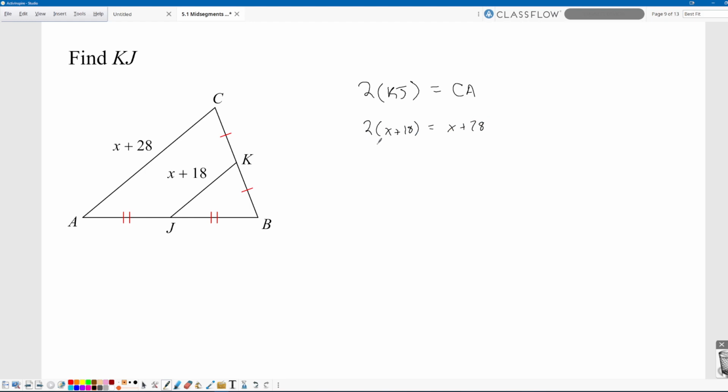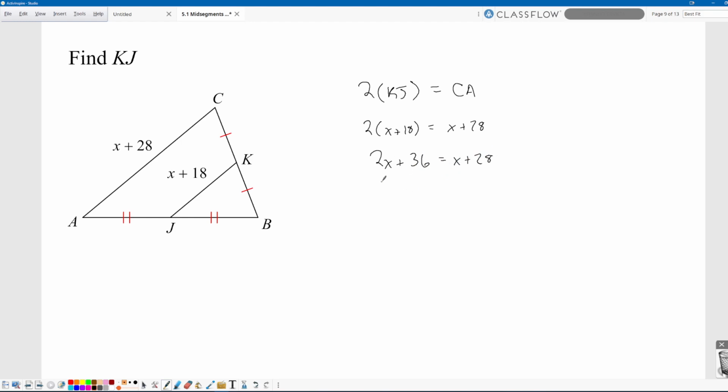So I've set up the problem. Go ahead and work this out. Find out what x is, and then this will be another question for you to answer. So obviously the first thing I want to do is distribute. So we get 2x plus 18 times 2 gives you 36, which is equal to x plus 28.